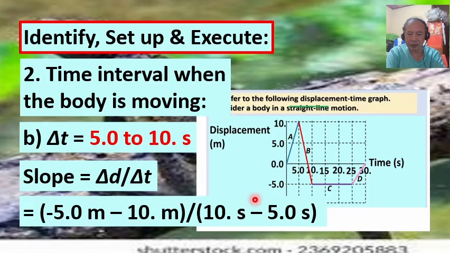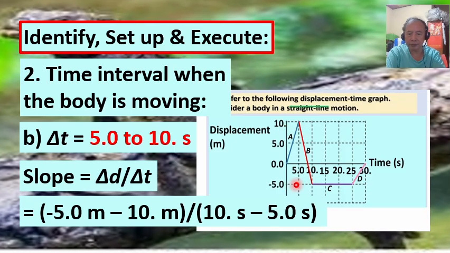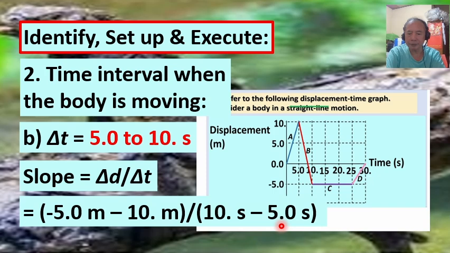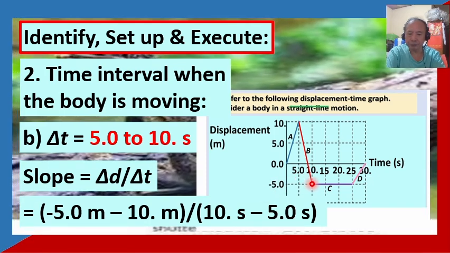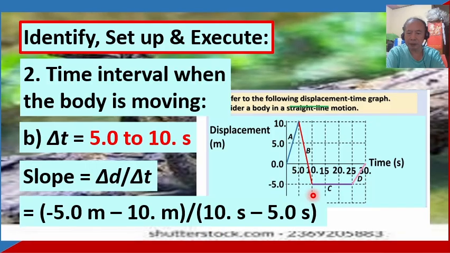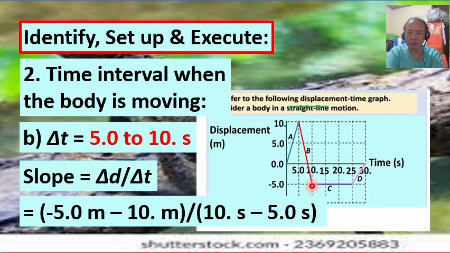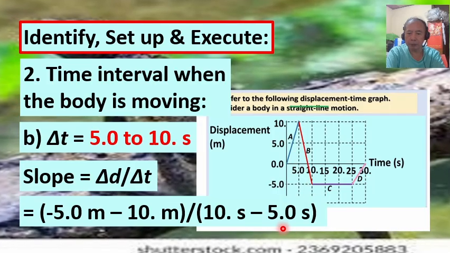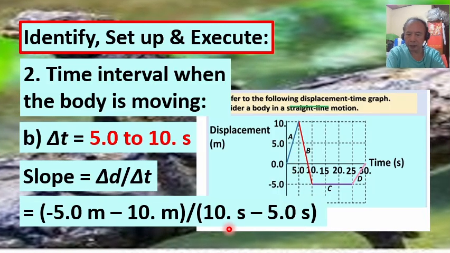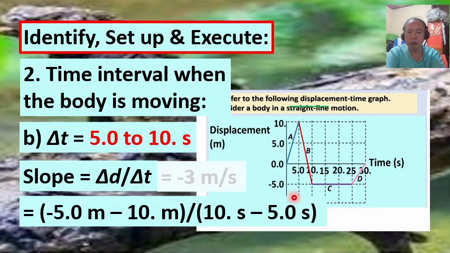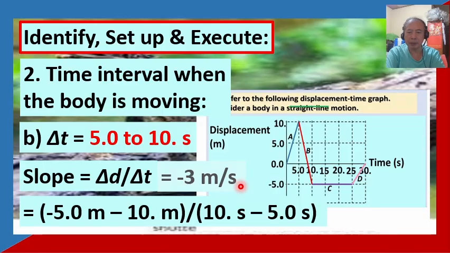Minus the initial displacement, which is 10 meters, and then divided by the time interval, the final time of 10 seconds minus the initial time of 5.0 seconds. So doing our math, we get the value of the slope equal to negative 3 meters per second in one significant figure.